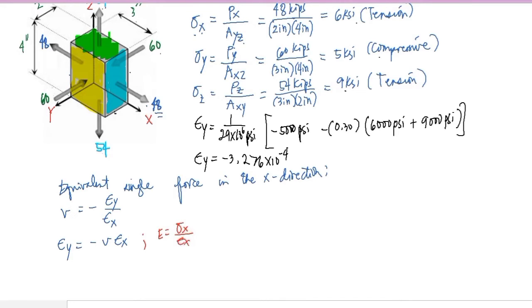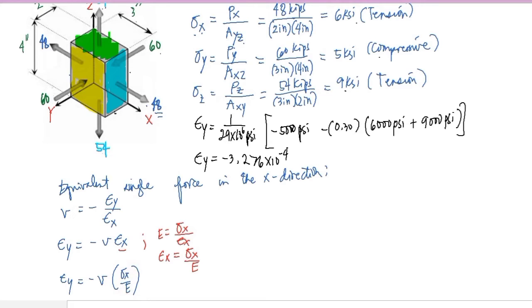So therefore, the strain in X is equal to stress over the modulus of elasticity, and we substitute here. That would give us the strain in Y is equal to the negative Poisson's ratio multiplied with the stress in X over the modulus of elasticity.